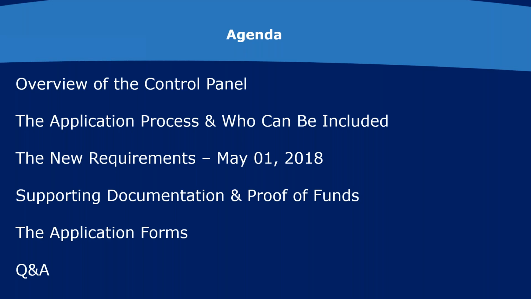So what documents do sponsors and the refugees being sponsored need to include on an application to ensure that it's complete. And then we'll move on to proof of funds, and then we'll go into the application forms and we'll look into each application form in detail, and we'll mainly be focusing on the new application forms that were released on May 1st, 2018. And then hopefully, if there's time at the end, there'll be some Q&A.